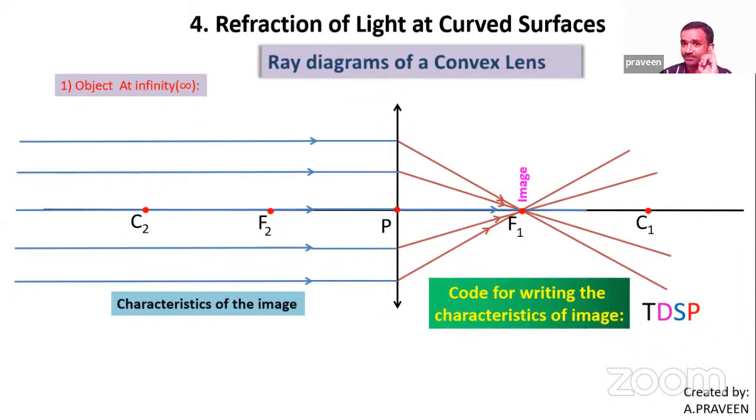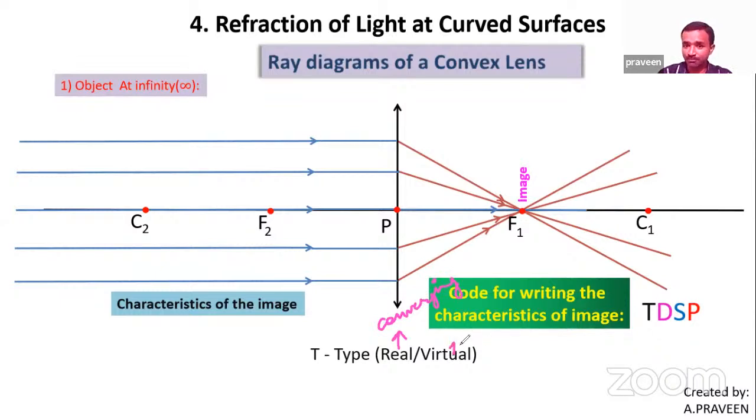So first, T. What does T tell us? Type of the image: it is real or virtual. Real or virtual, you can easily identify. A real image is formed by converging rays. If the image is formed by actual converging of light rays, that is a real image.